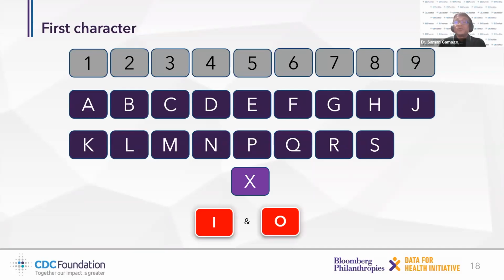And as I told you before, I and O have been removed, and we do not use these two letters for the simple reason that I can be confused with 1 and O can be confused with 0. So we had this issue with ICD-10.